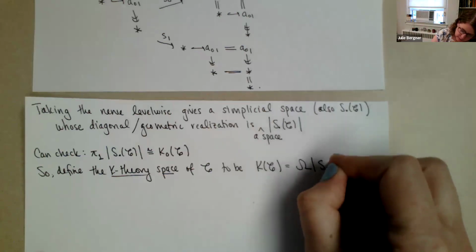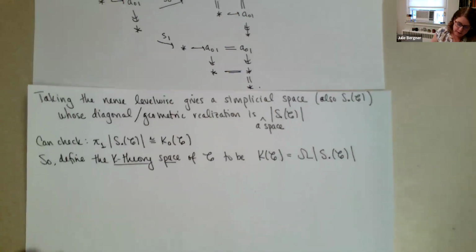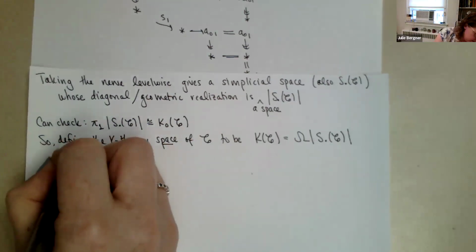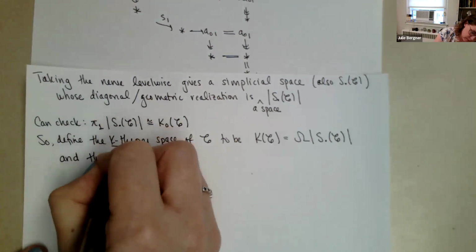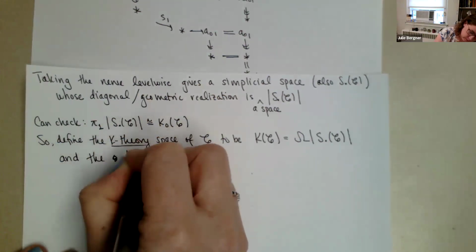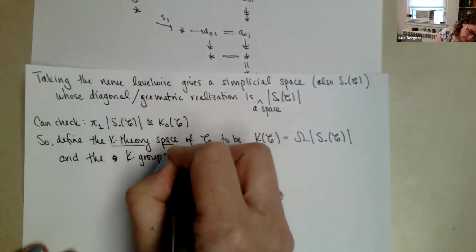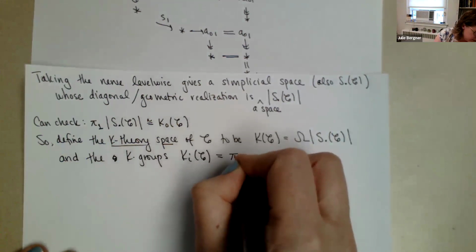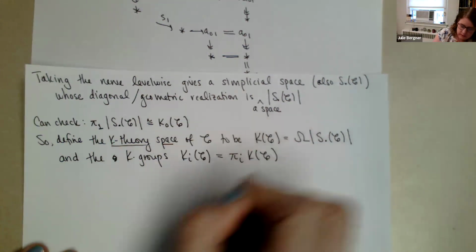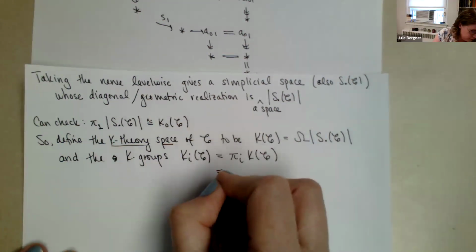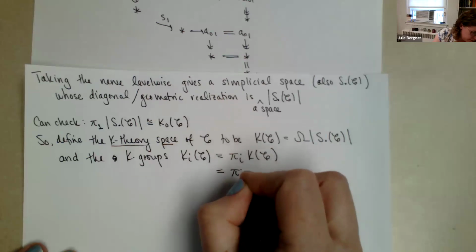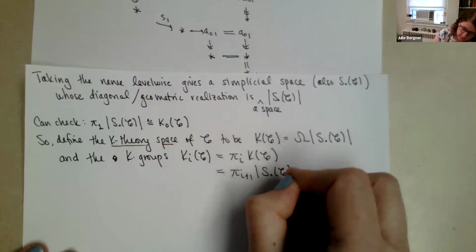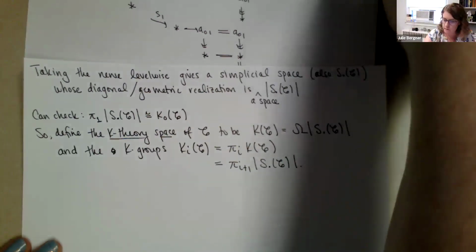So we just take the loop space of this realization of S dot C, and then we take the K groups. So Ki of C are defined to be just the homotopy groups of this space. And then if you want to, these will just end up being shifted up by 1, the homotopy groups of this realization.